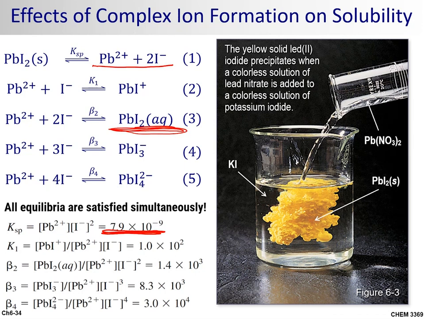The Le Chatelier principle at work here. And the total concentration of dissolved lead is considerably greater than the concentration of Pb2+ that you would calculate from the first equilibrium, from the dissolution of PbI2. Okay?